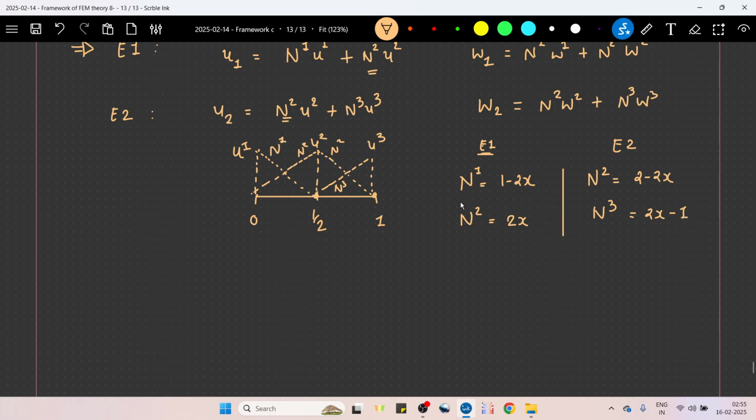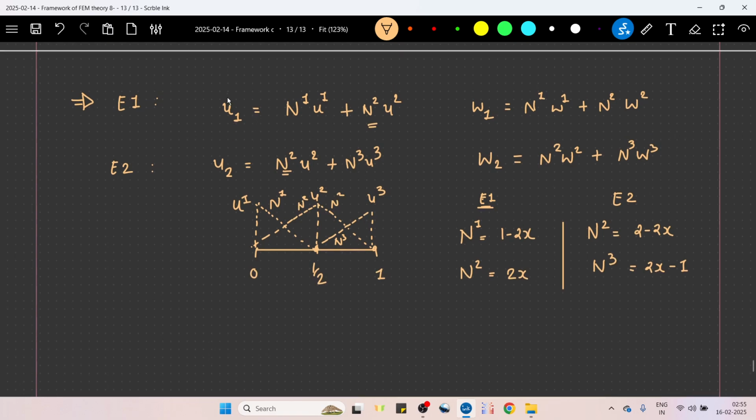Okay, so if you put this in this u, you can say it is satisfying all this. As you say, n1 should be 1 at node 1, and everywhere else it should be 0. So if I say x equal to 0 here, n1 equal to 1, that means at x equal to 0, node 1, n1 is equal to 1.